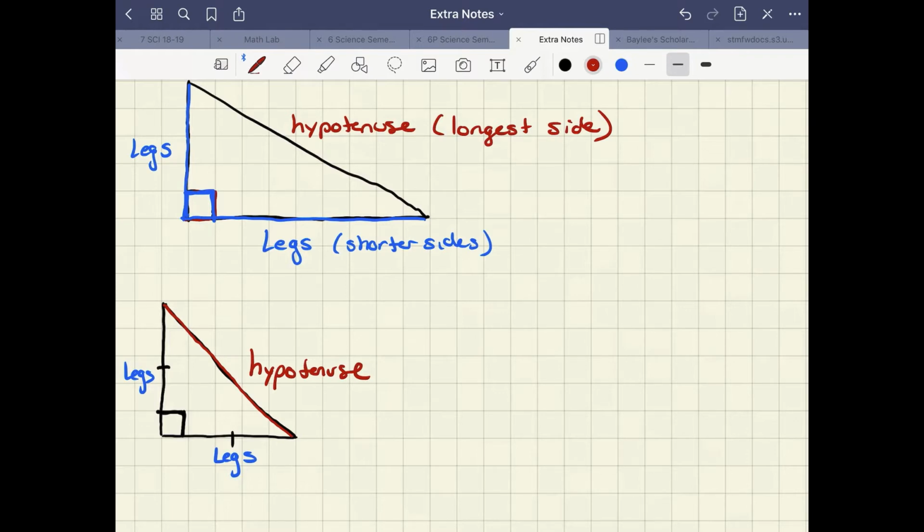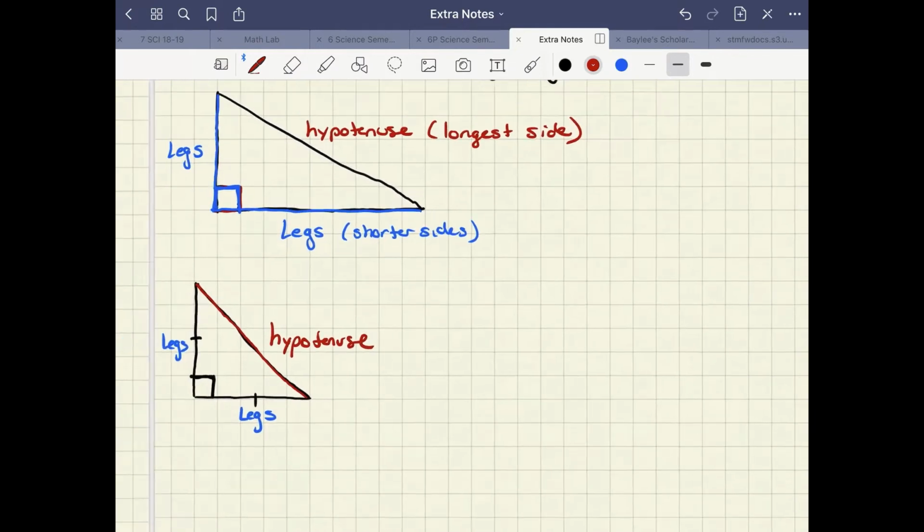Okay, now Pythagoras came up with a mathematical relationship.